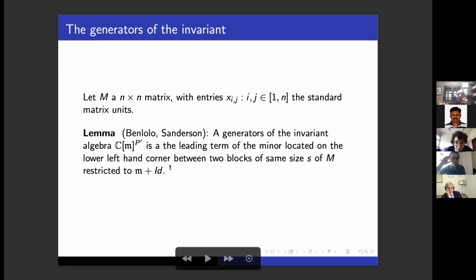So this M plus identity is like where the magic happens. But I can't spend too much time to explain it to you.